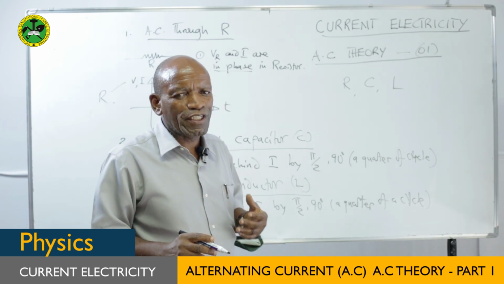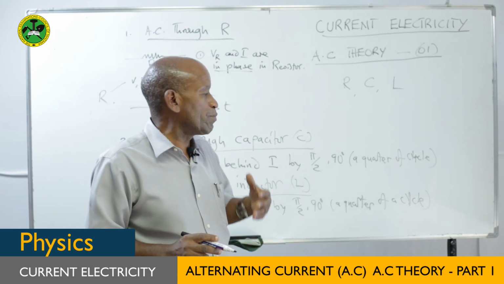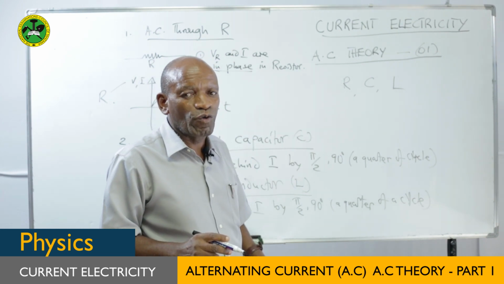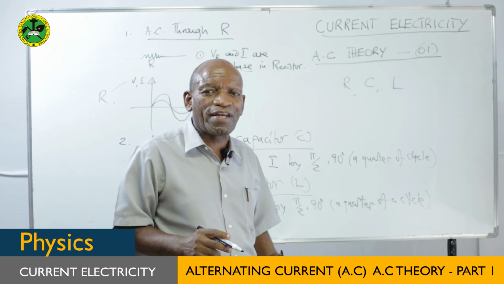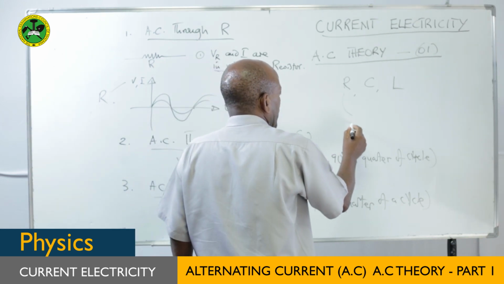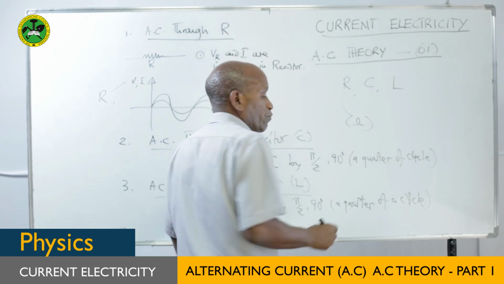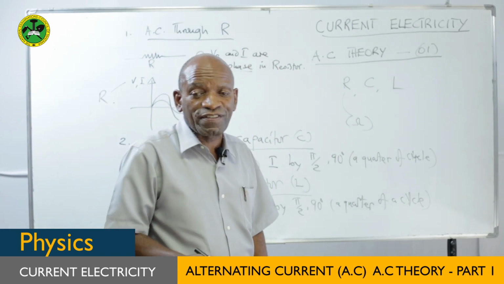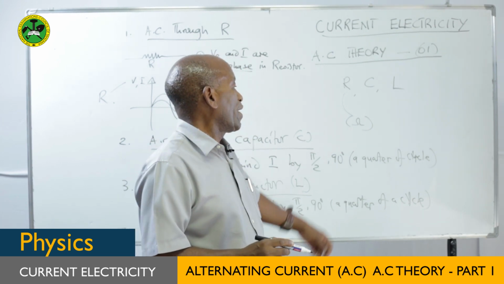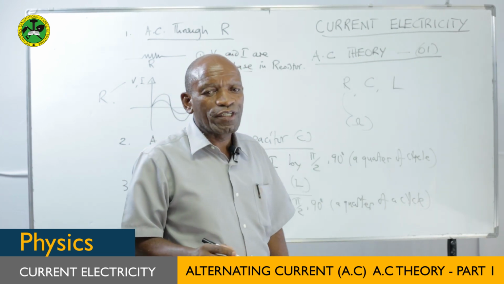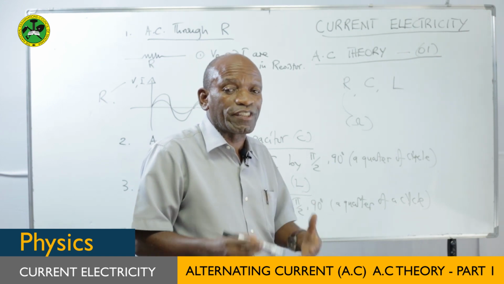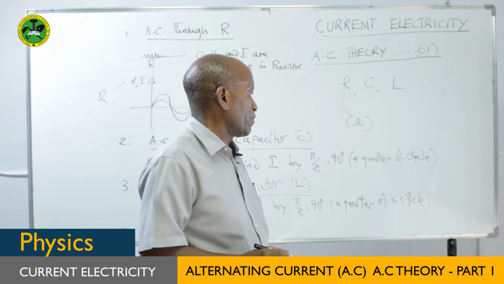And that oppositional force which is shown by a pure resistor is what we call the resistance, and this is measured in ohms. So a resistor provides an opposition to an alternating current made to flow through it, called a resistance, measured in ohms.